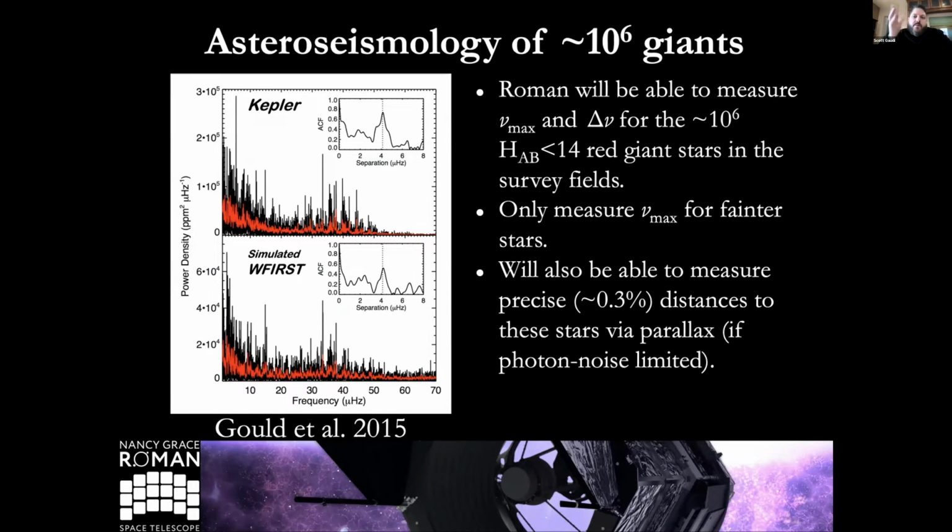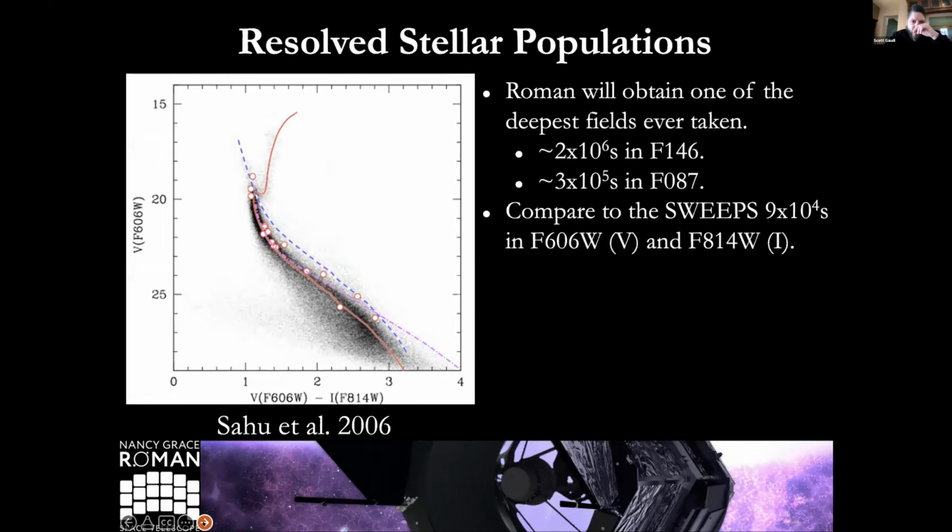We would only measure nu max for the fainter stars. So that would give us masses and radii for all of these 1 million giants towards the galactic bulge. And of course, we would also get distances and parallax if we can get down to the photon noise.